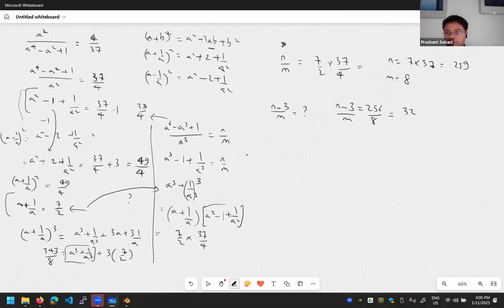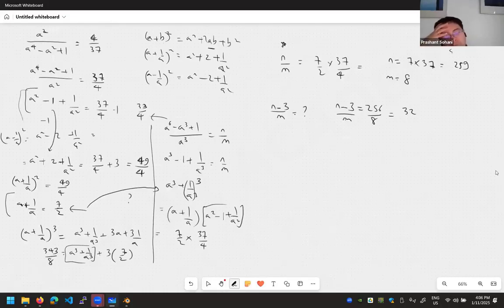But anyway, at least the answer key which I copied has the answer as 31, not 32. Has anybody done this problem? You got 31 or 32? Half of you are saying 31, half are saying 32. And did I do this multiplication correctly? 7 7s are 49, 4 carry over, 7 3s are 21, 259. 259 minus 3 is 256, divided by 8 is 32.